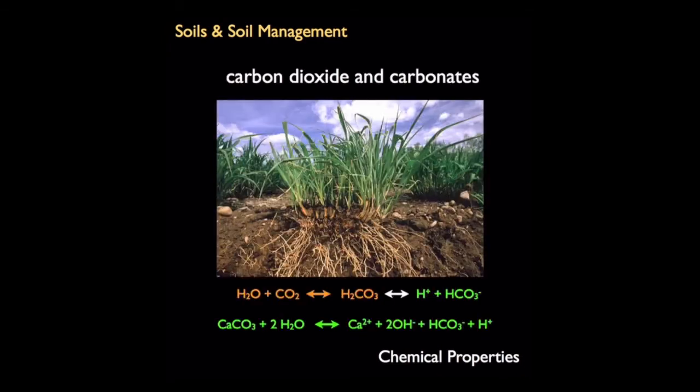Plants and microflora also increase acidity of the soil solution through the process of respiration. The carbon dioxide released by these organisms chemically reacts with soil water to form a hydrogen cation and a bicarbonate anion.